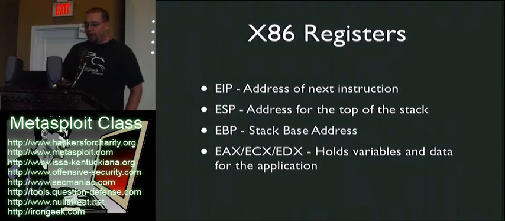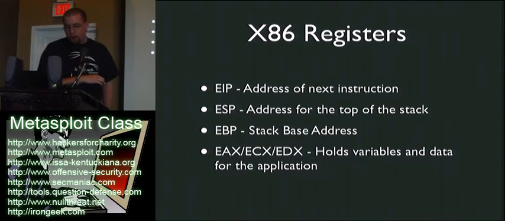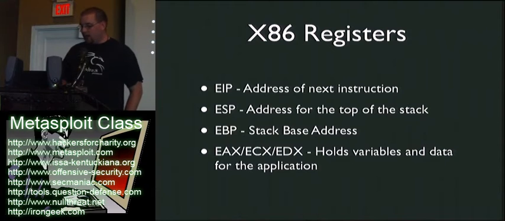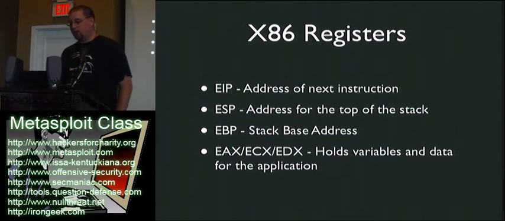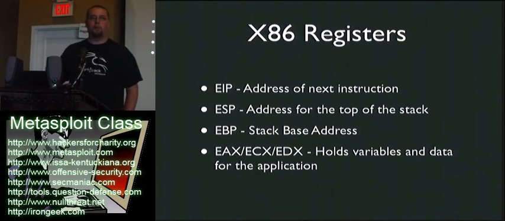So, got to go over a few of the basics. x86 registers. If you see here, EIP is the address in memory. All of these registers point to a location in memory. EIP points to the next instruction. That's what tells the application what to do next. This all makes sense when we get the debugger open, and I'll refer back to this.